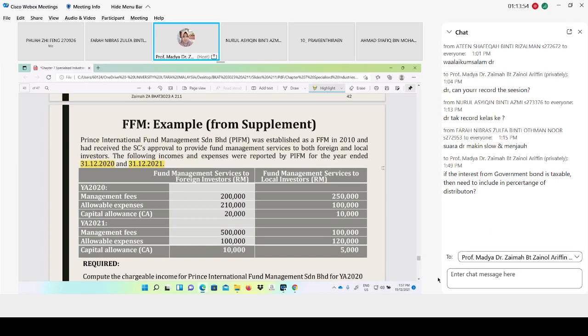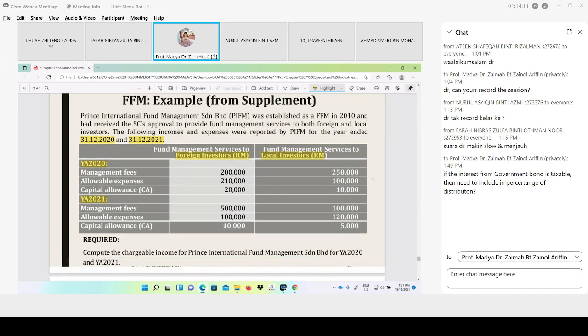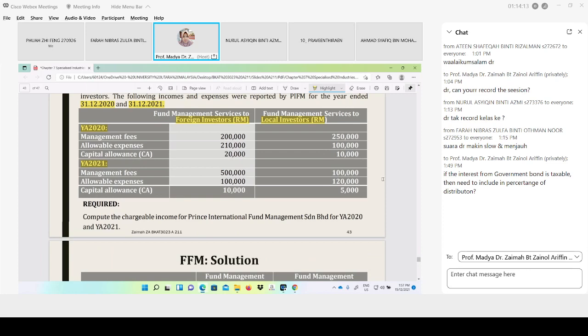In year of assessment 2020, you have the income, expenses, and also the capital allowance. Same goes for 2021, for both foreign investor and local investor. Okay, and then the question asks you to compute the chargeable income for the FFM, for both year of assessment 2020 and year of assessment 2021.